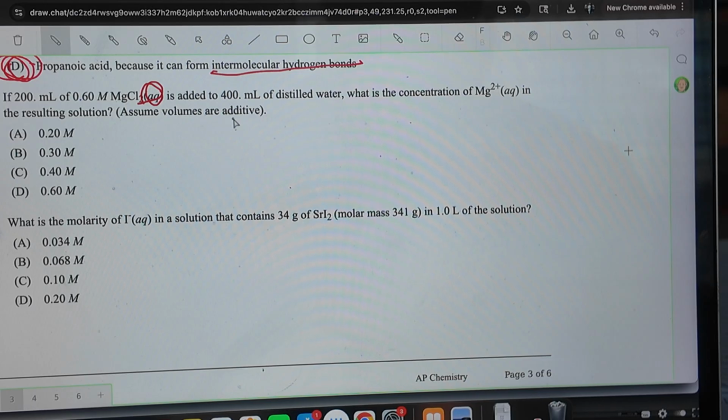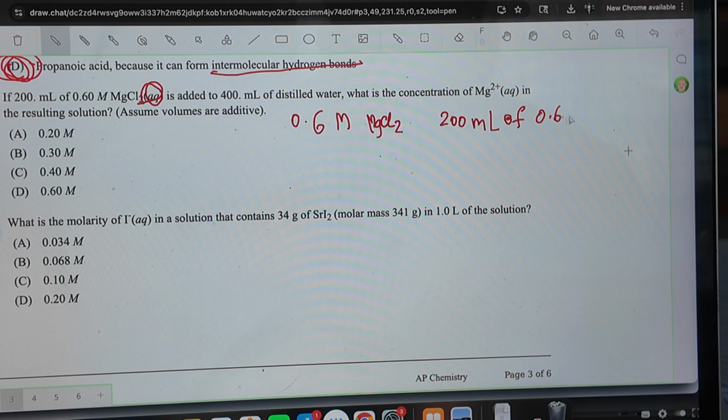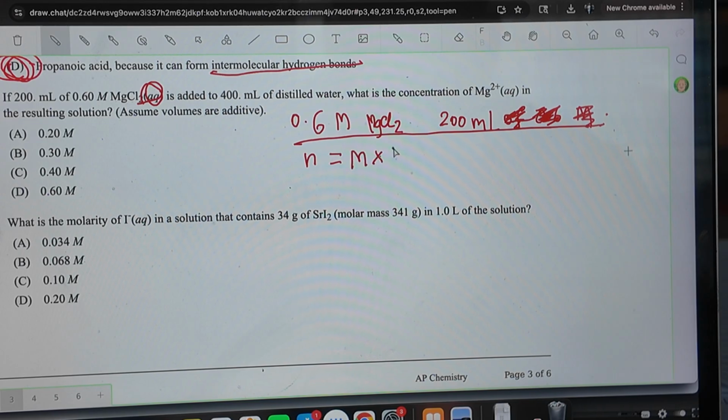So you start out with the fact that you have 200 milliliters of 0.6 molar MgCl2. Since it's a 1-to-1 ratio, your moles is equal to your molarity times your volume.